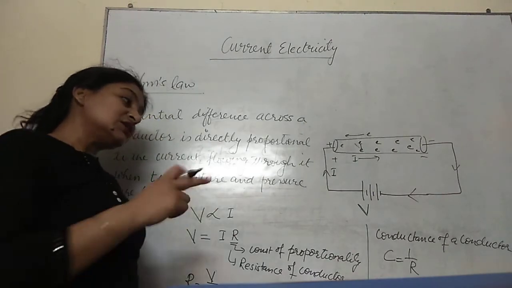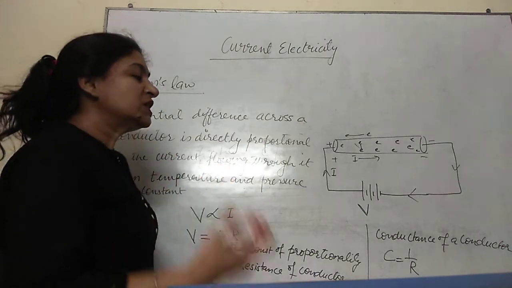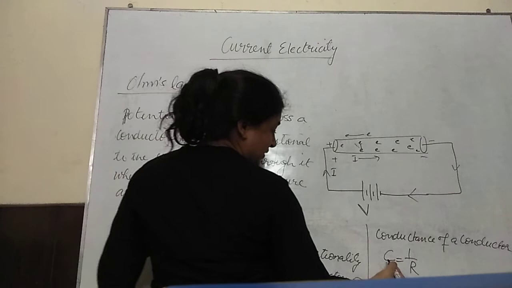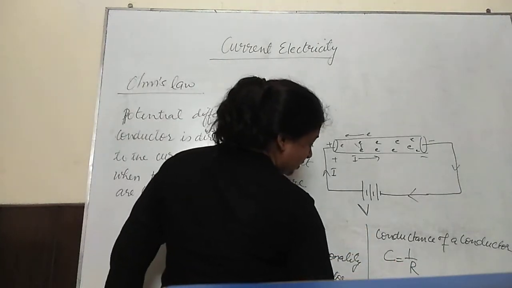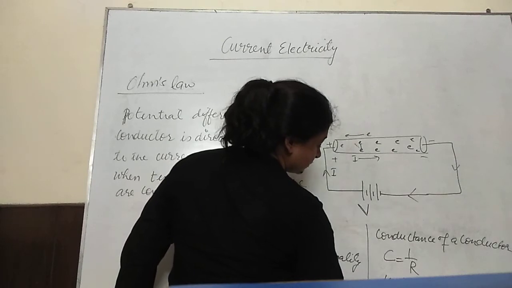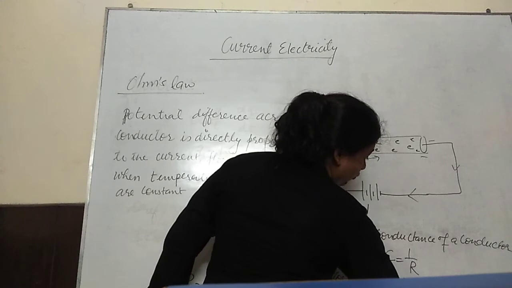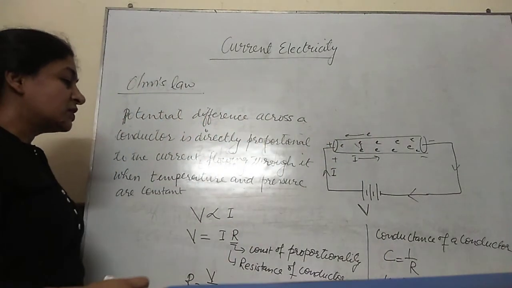This is again a constant for a particular material, which will tell you how easily the current can flow through a conductor. And the unit for conductance is mho or ohm inverse.